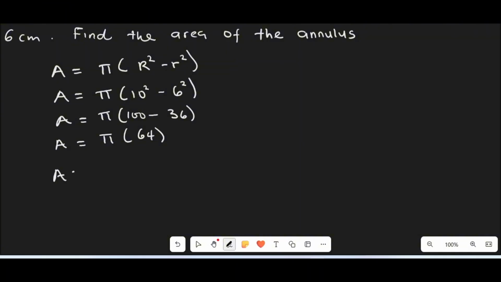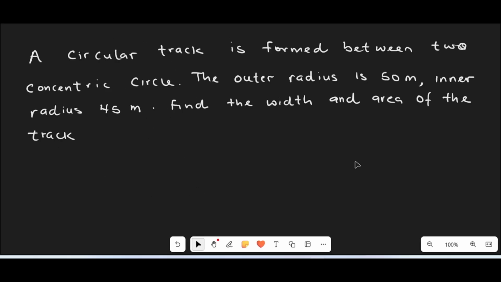A equal to 3.14159 multiplied by 64. A equal to 201.06 centimeter squared.